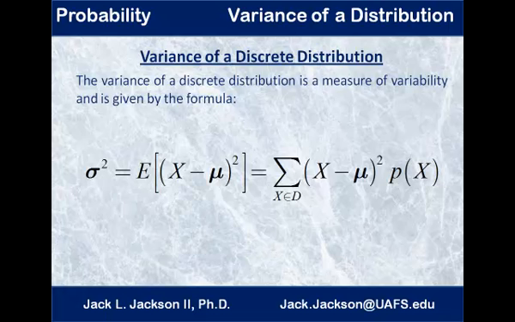Now what about the variance? Well, a variance is the expected value of x minus mu squared. Now if you'll think about how we computed variance back for a population, this is exactly what we did. We took the x, we did the probability of x times x minus x bar squared, add those up.